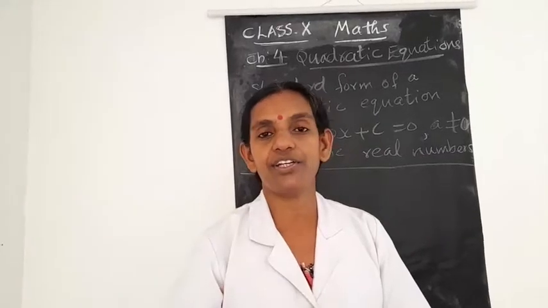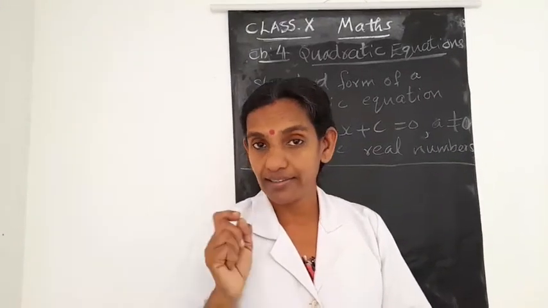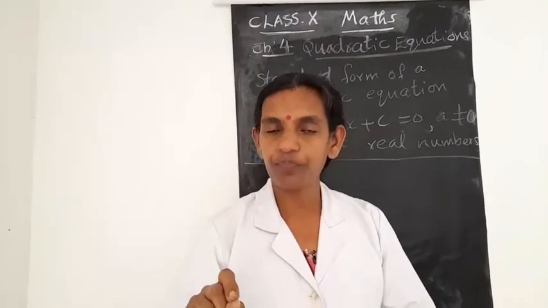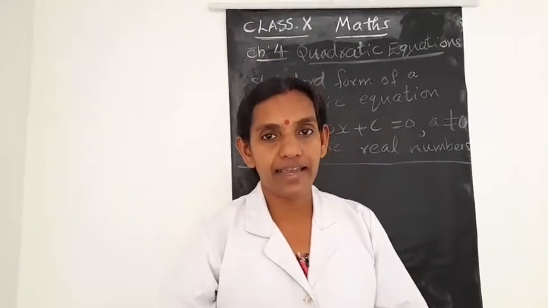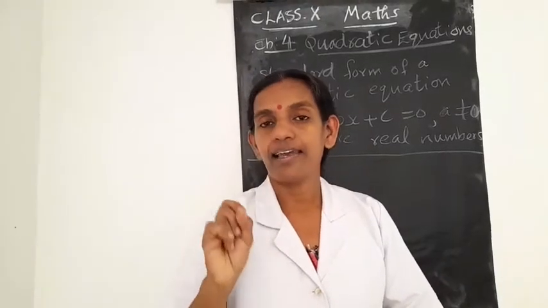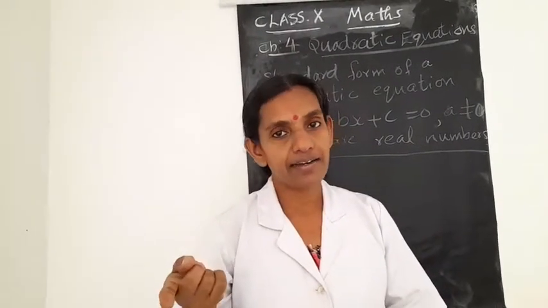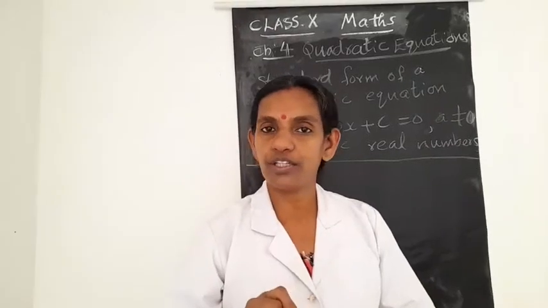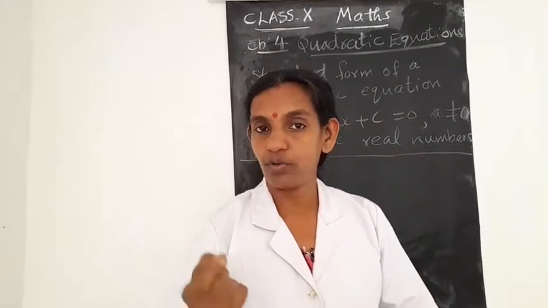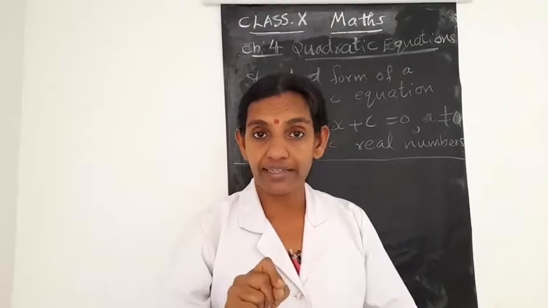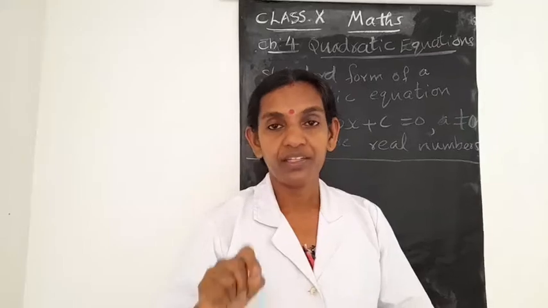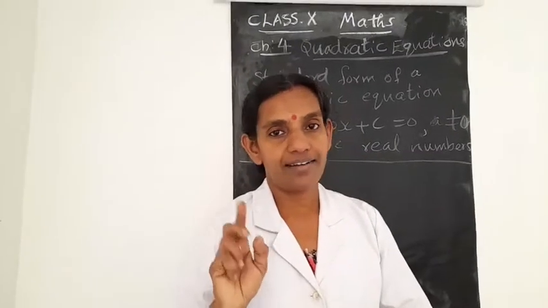That's the first idea we need to study here. Quadratic equation, that is quadratic polynomial equating to 0, and the standard form is ax square plus bx plus c equal to 0, where a, b, c are real numbers and a not equal to 0. And what is a? The coefficient of x square. What is b? The coefficient of x. And what is c? It is the constant term. A not equal to 0, that's a condition.